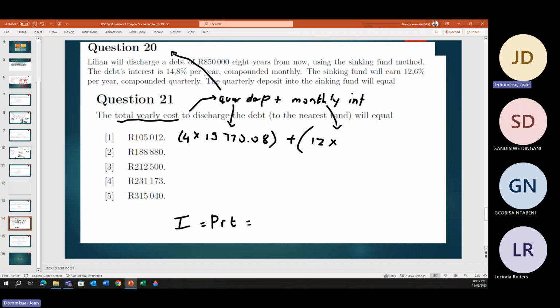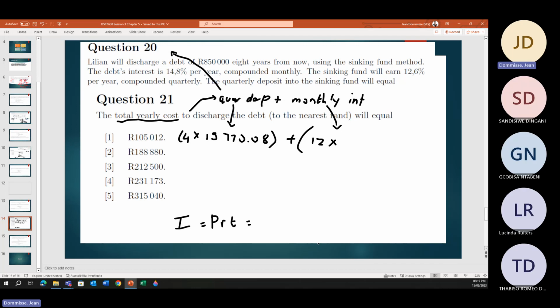We've got the P, which is the 850,000. Now the important thing is that we use the 14.8% interest, and then the interest per month, so 1/12.